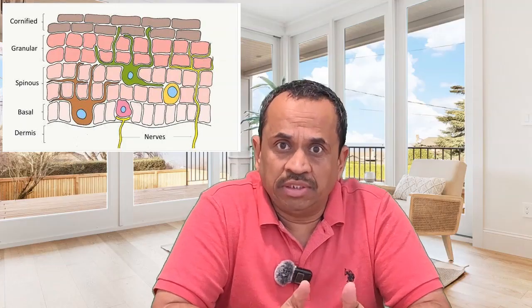The most important layer when we think of psoriasis is our topmost layer. It is called stratum corneum. It contains corneocytes, and as these cells go up and up, eventually they get flattened and converted into keratinocytes.